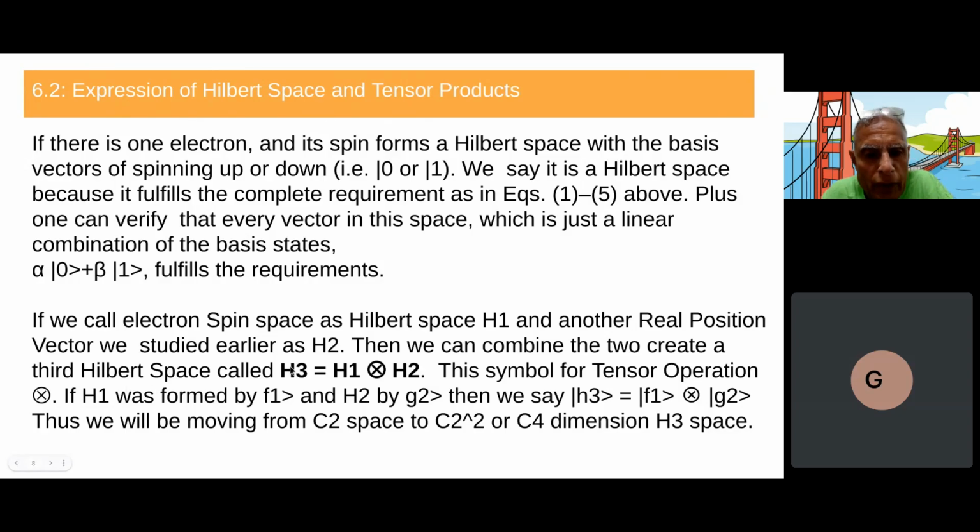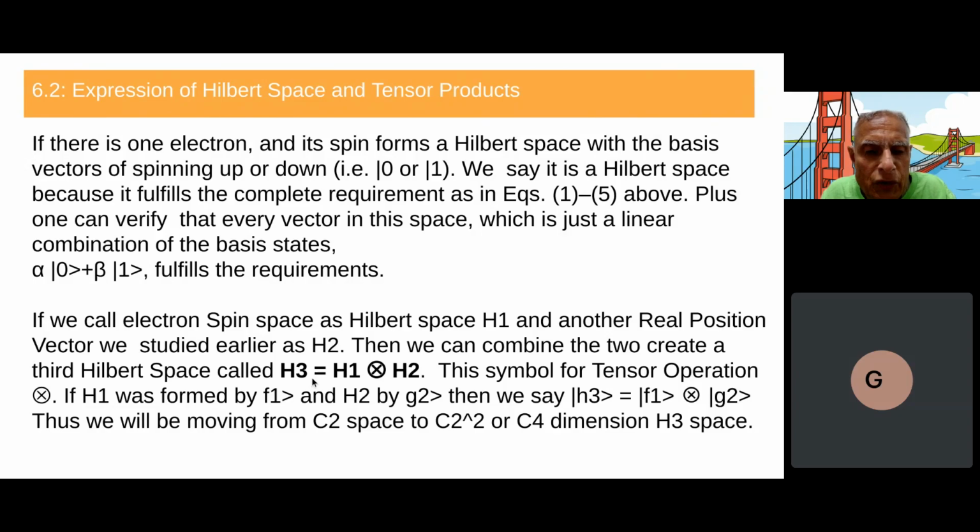When H1 is formed by, let's say, vector F1, and H2 is formed by G2, then H3 is nothing but the ket F1 tensor product ket G2. So we'll be moving from C2 space to C2 squared, which is C4 dimension. So if you have 2, you move from 2 dimension to 4 dimension, which is the H3 space.